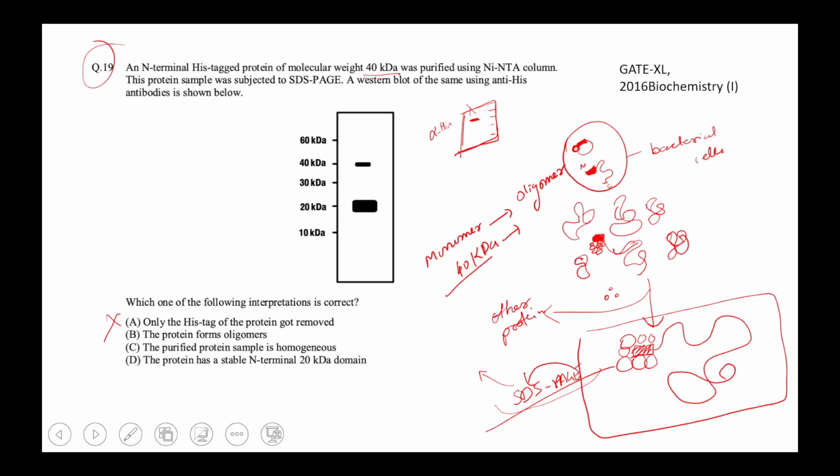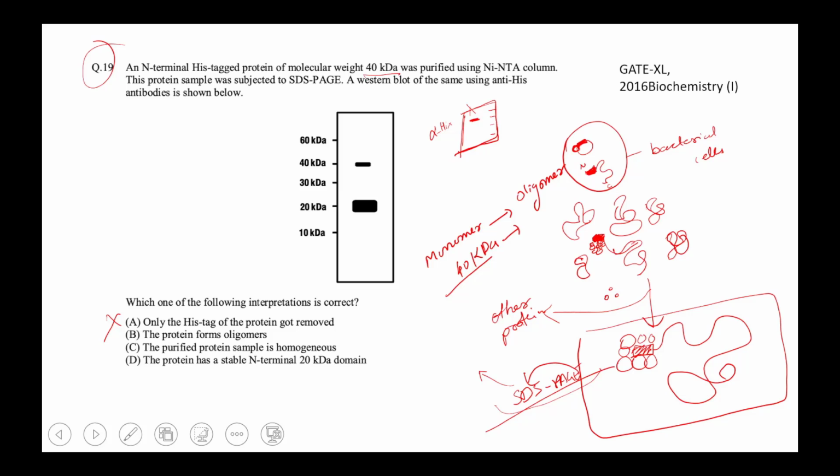If two subunits of the protein are joined, that means it is forming a dimer, then two 40 kilodalton proteins will be associated together. The size should go further above, so you should see a band at 80 kilodalton.